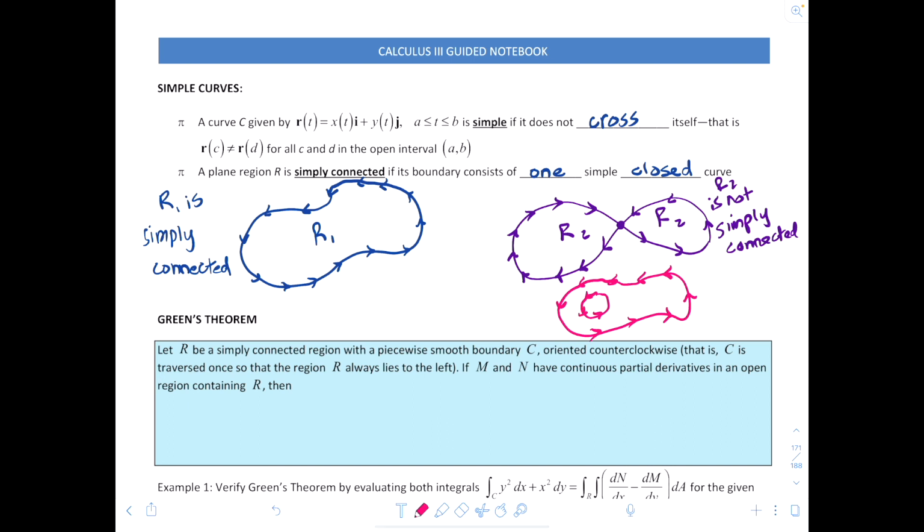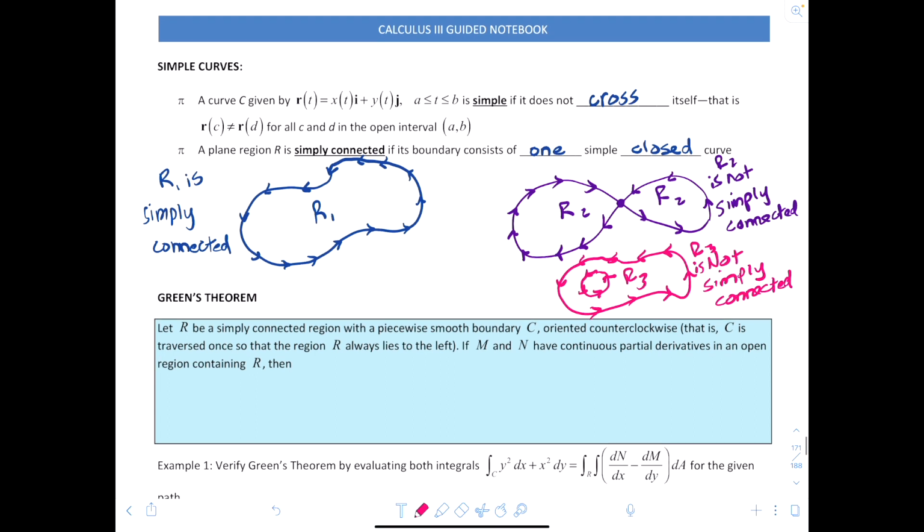So now it's no longer simply connected. So here, this region R3 is not simply connected. Cool, cool? All right, awesome.